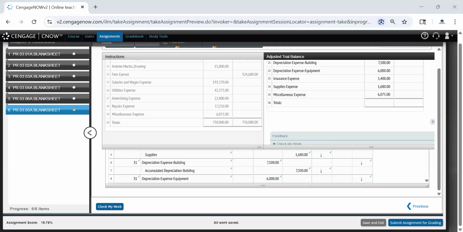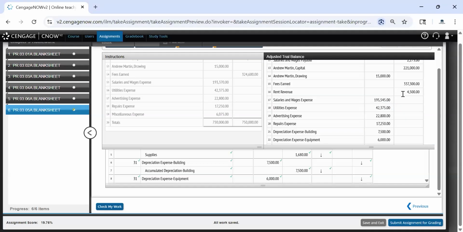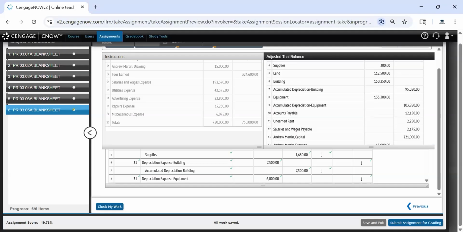And then our total of all the accounts is 778,375.